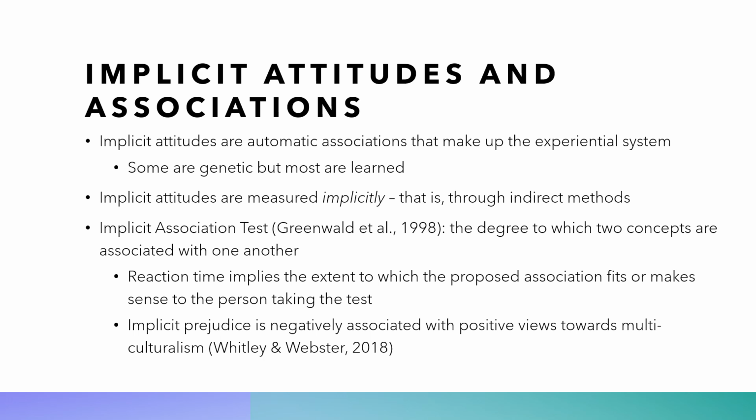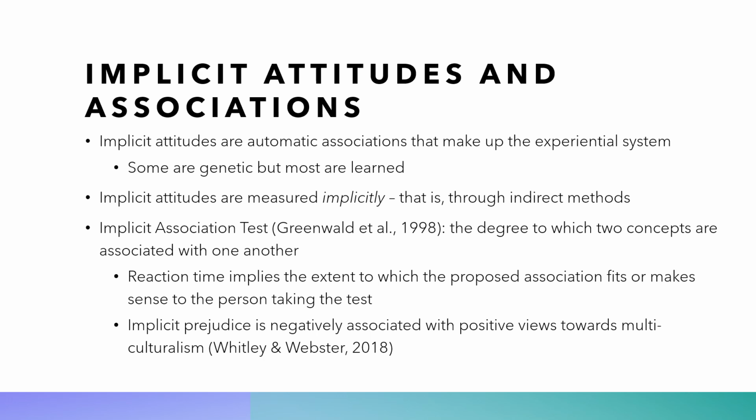And then you would show them two words, me and bad. And whichever one they reacted to faster suggests that that association is more accessible to them and reflects, right, their sort of automatic beliefs that they have. So if I react to me and good faster than I react to me and bad, that implies that I have positive implicit self-esteem.